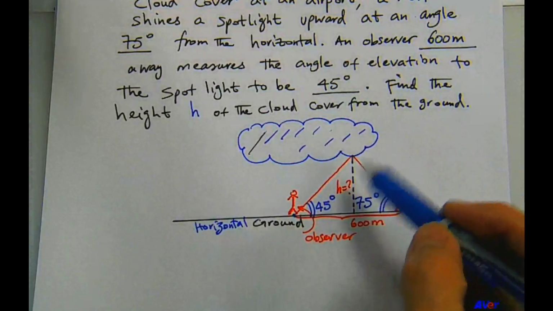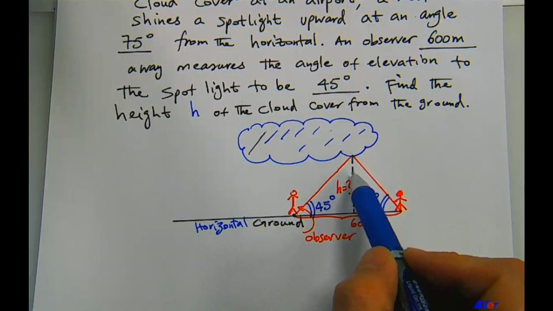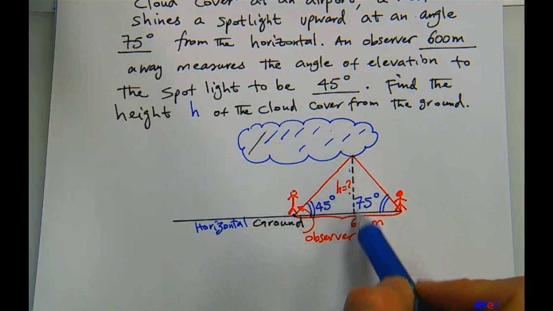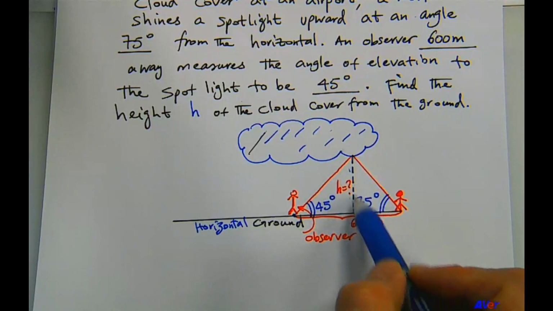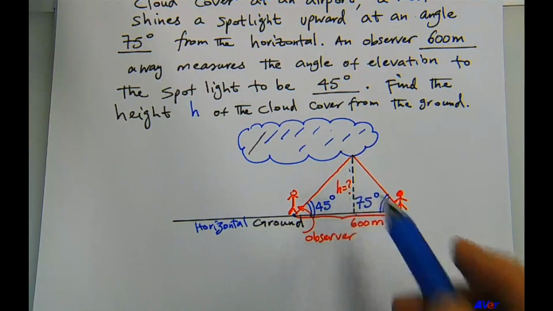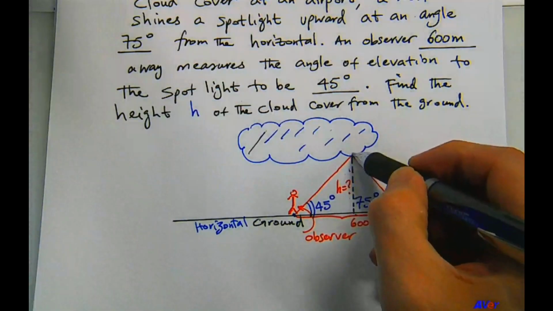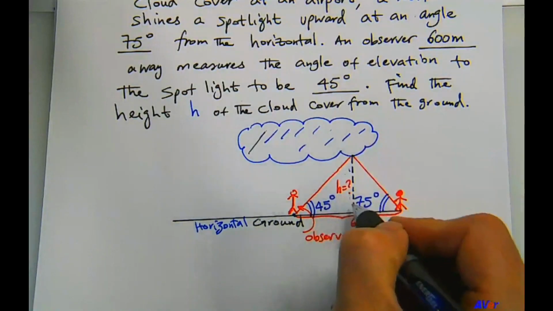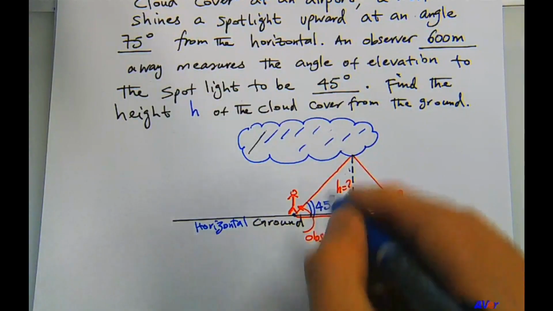Okay, so it's clear from this picture that if you look at this height that we're looking for, at this line connecting the cloud vertically to the ground level, we have a right triangle here, right? So if you drop a line vertically from the cloud to the ground, we know that this angle is 90 degrees.